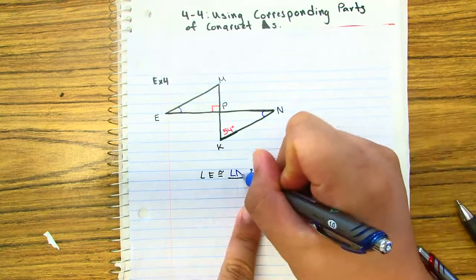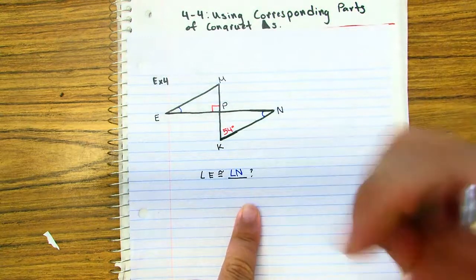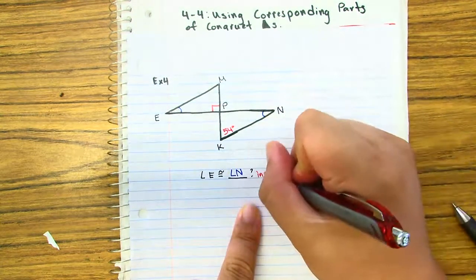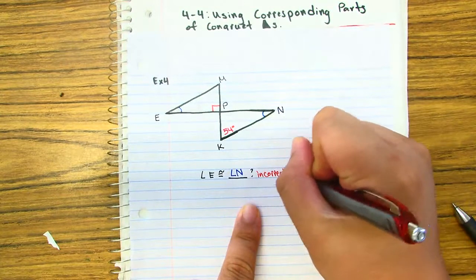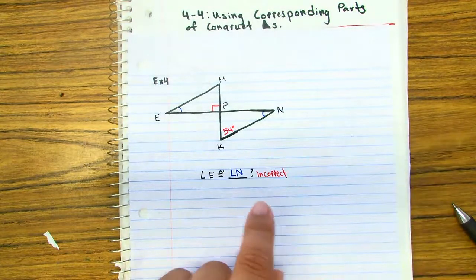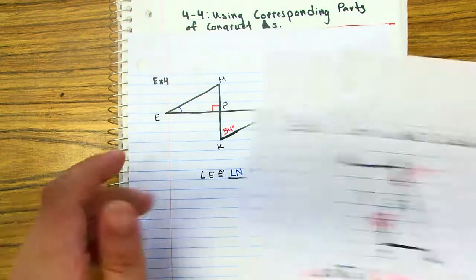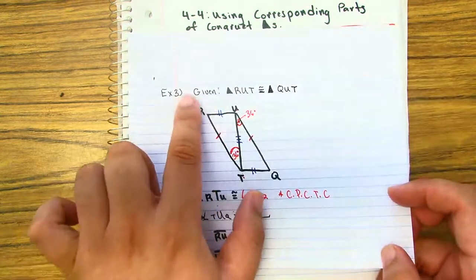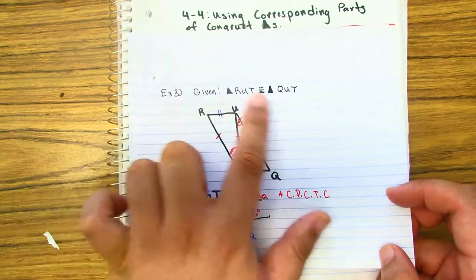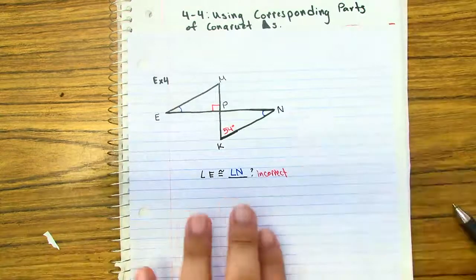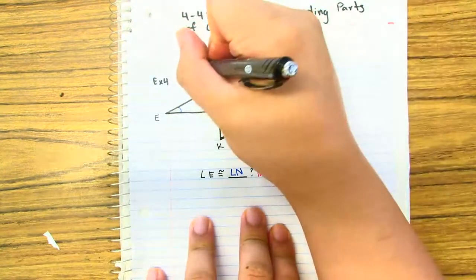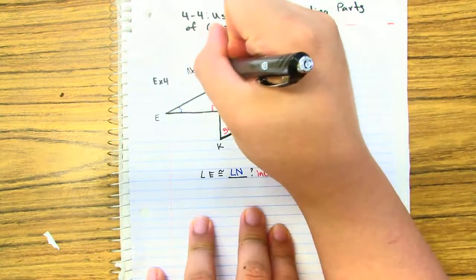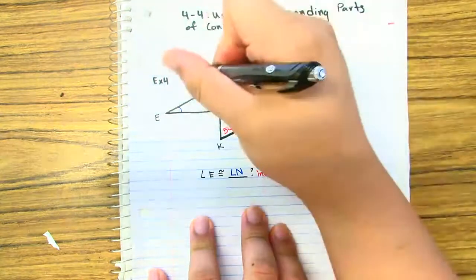Angle N is going to be incorrect. Why is it incorrect? Because compared to the other example here, it's given that both triangles are congruent. Right? Here, when you're looking at B, there is no given. So this is a trick question. This is an observation question, right?